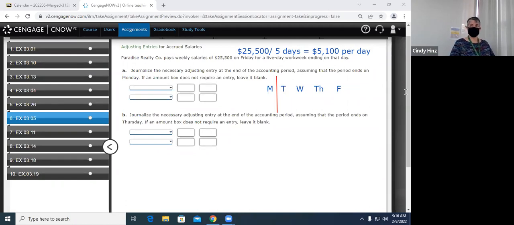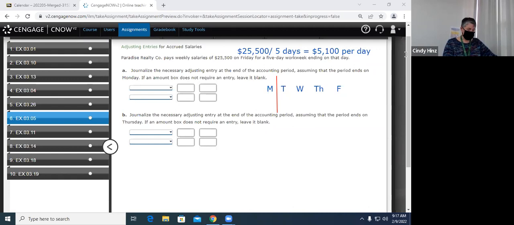Yes? Okay. So on Monday, and I need to be careful with this, we may not make that entry on Monday. We might actually make the entry on Tuesday or Wednesday and just date it Monday. That's okay. You don't have to date things the day you're actually entering them.